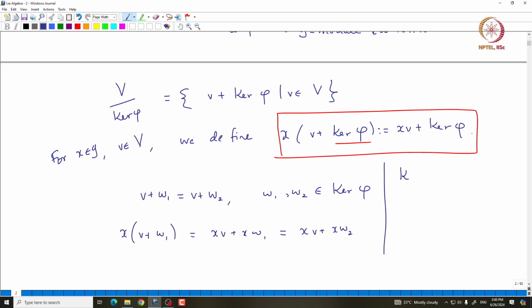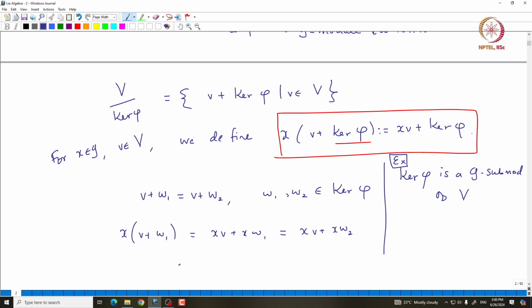So, kernel phi is a G submodule of capital V. I will leave it as an exercise, it is not very difficult to prove. That tells you that xw1 and xw2 both are elements of kernel phi.